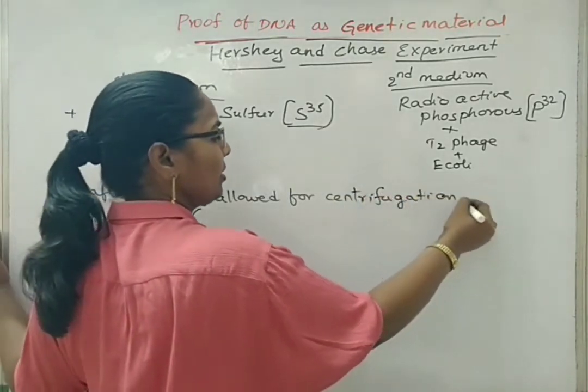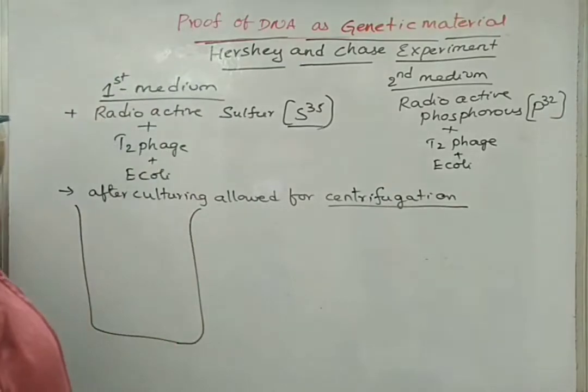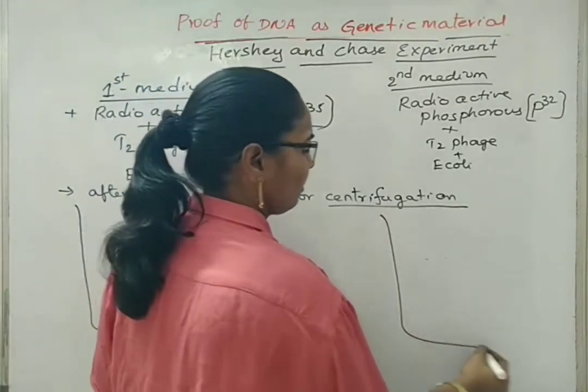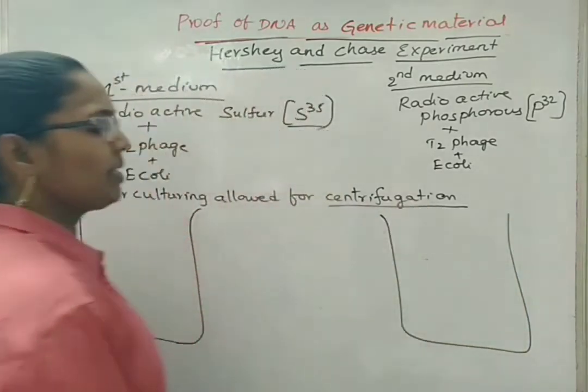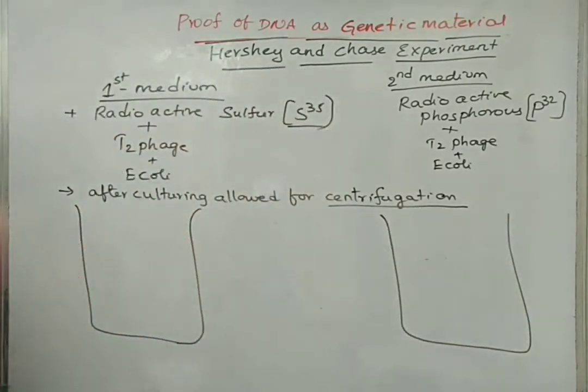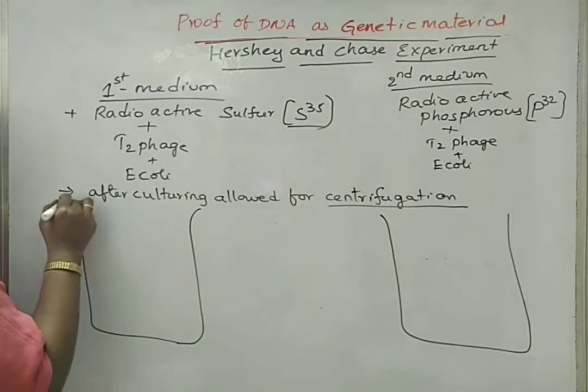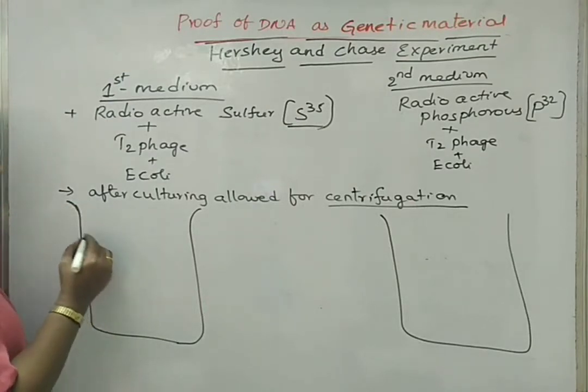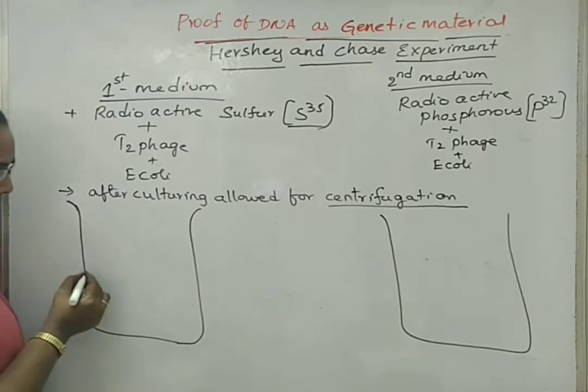So what happens in centrifugation? There will be blending of all the three types of particles. So these both mediums are allowed for centrifugation, so that the blending process will be happening here, means mixing. So after blending, then what happens?